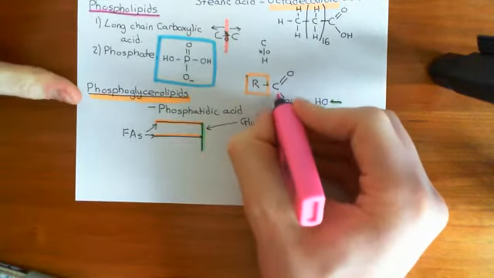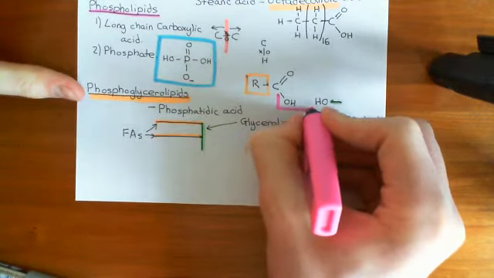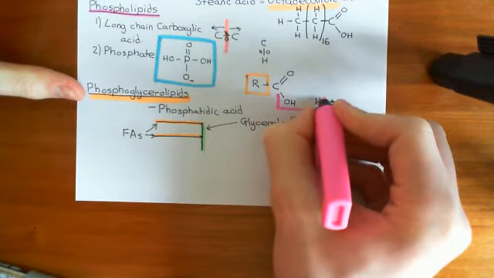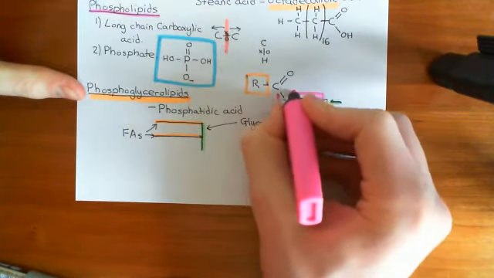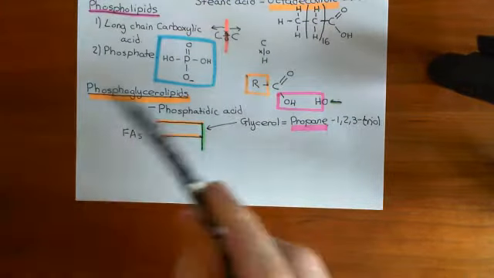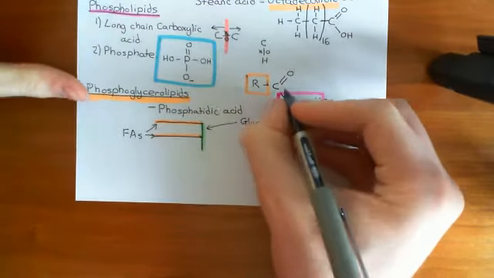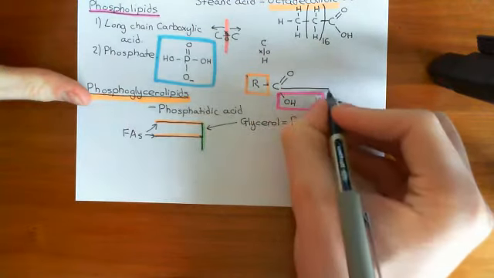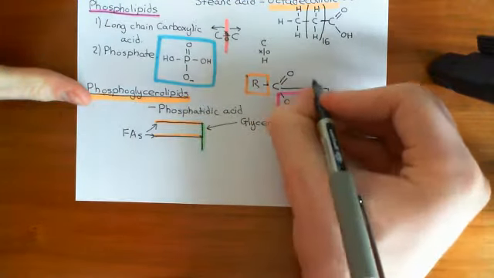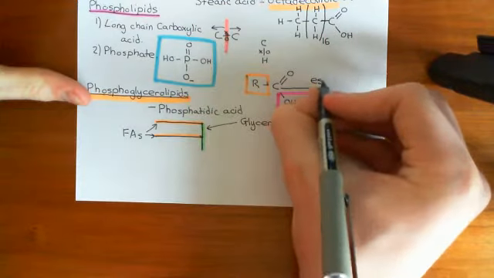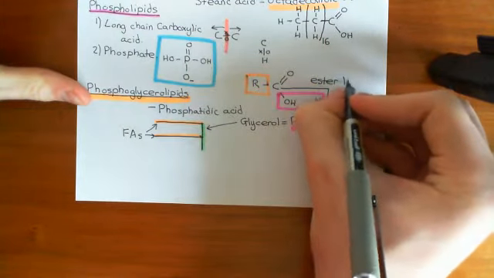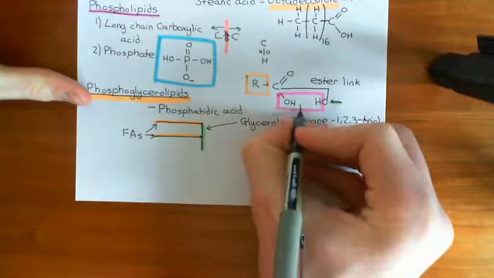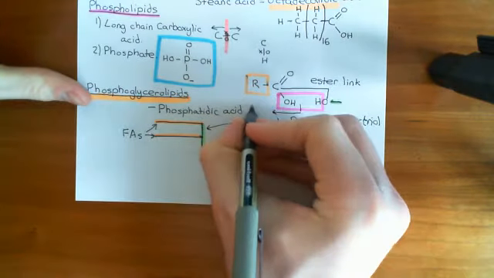What's going to happen is the hydroxyl group is going to come off the carboxylic acid group, and the hydrogen is going to come off the oxygen of the alcohol group. You're going to combine these two things together to make water, and you're then going to bind the carbon of the long-chain carboxylic acid to the oxygen of the alcohol group, and this then is going to be the ester link. And of course the byproduct that it will produce is water here.